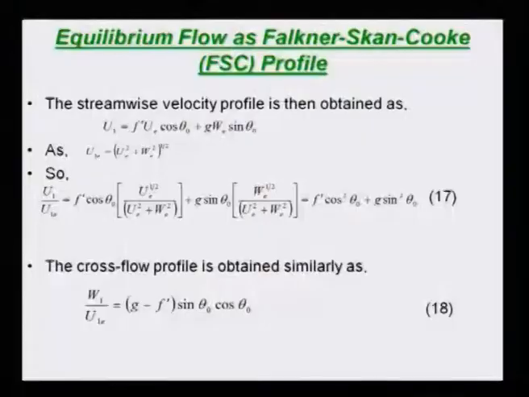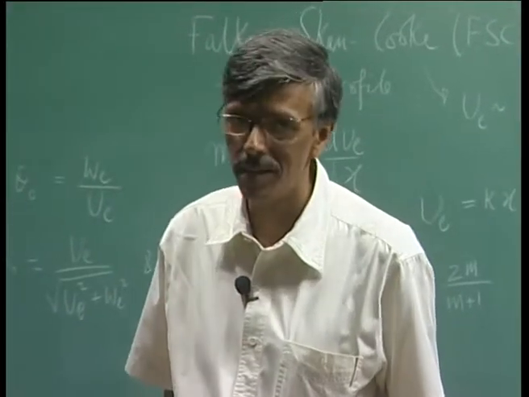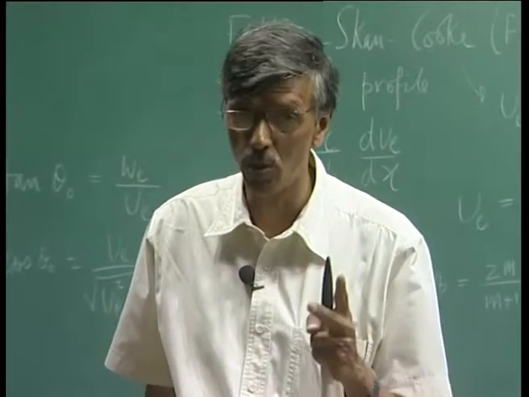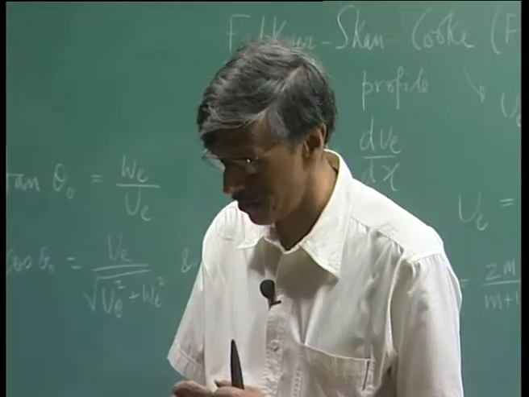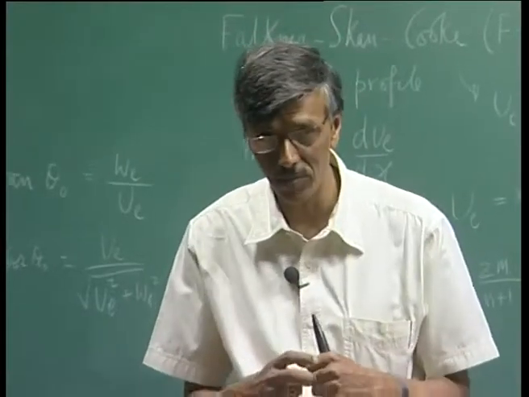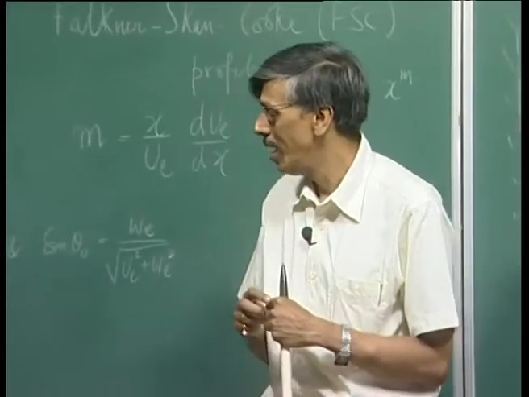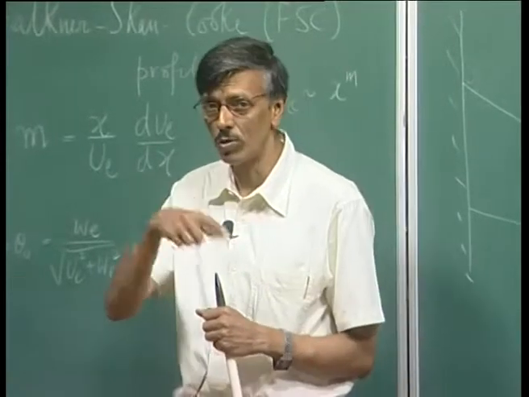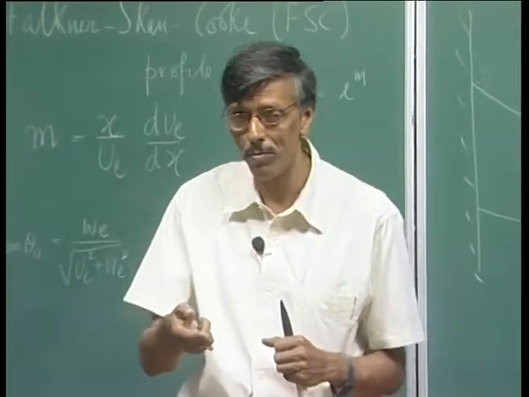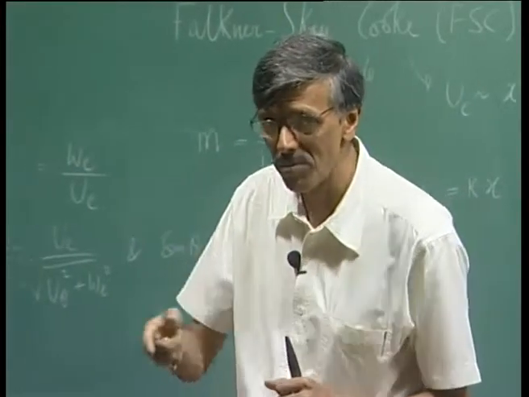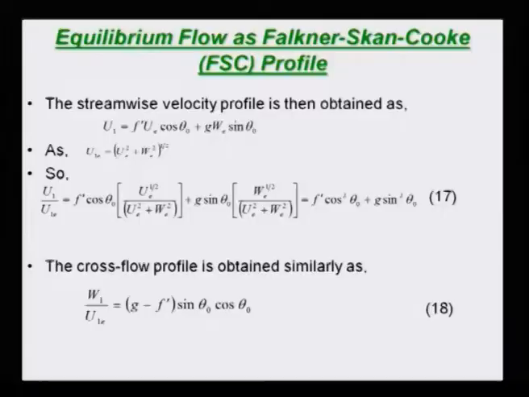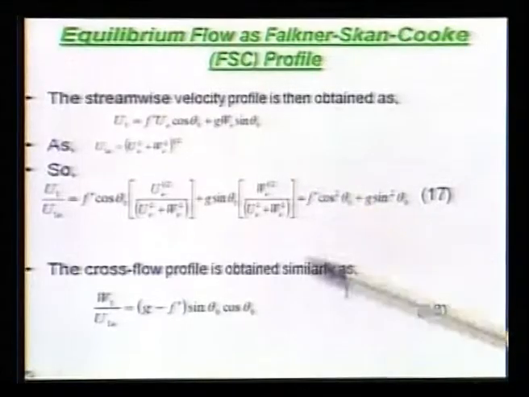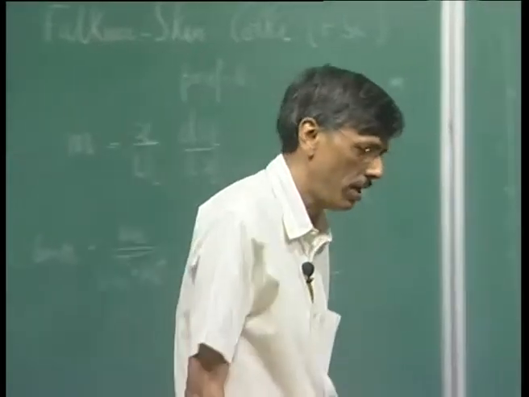So, you will have a two dimensional flow on the attachment line plane, but you will be solving those two ODEs that we have seen already. First, we will be solving for f and f prime from that Faulkner-Skan-Cooke equation, and from that we will go to the second equation, g double prime plus f prime g equal to 0. So, we will get g, and then from there we get U1 and W1.